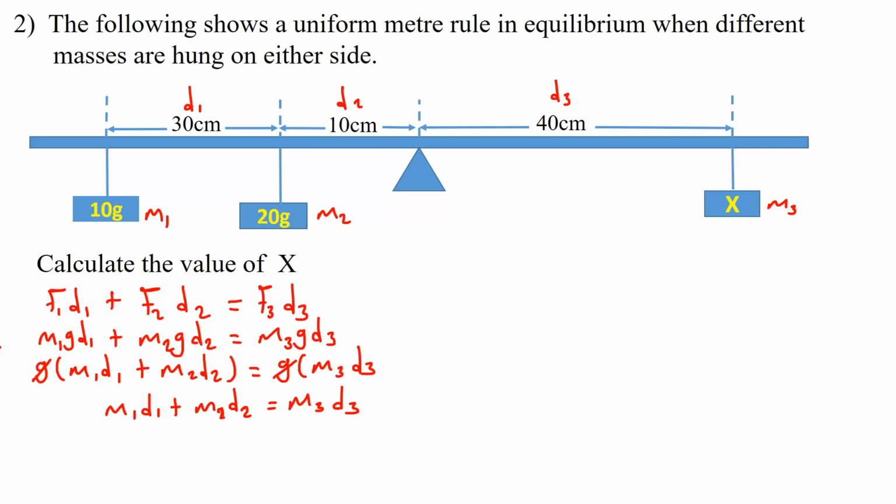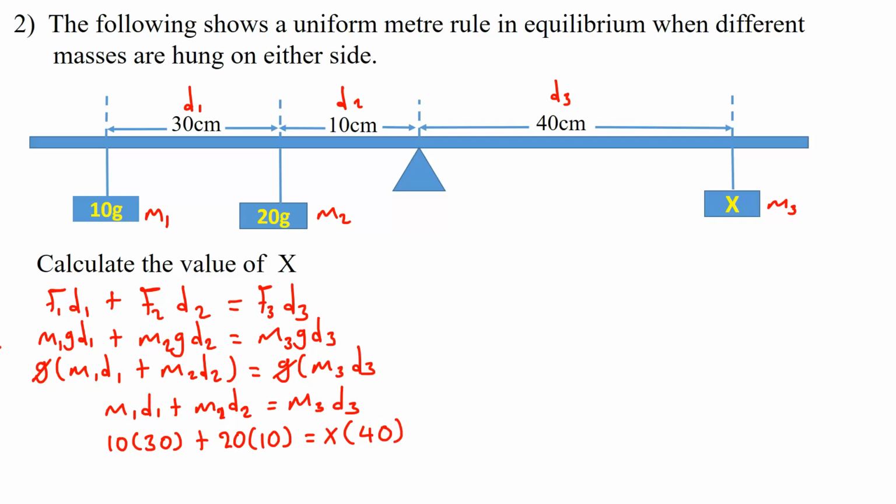So for M1 we can replace with 10 and multiply it by the distance 1, which is 30, and then add M2, you have 20, which we multiply with the distance D2, which is 10, and then equal to where we have the mass on the other side, so we replace with x and multiply it with 40.